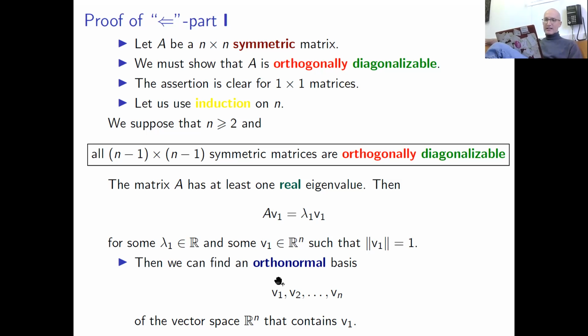In the language of matrices, we just want to form a matrix out of these vectors, and replace A by M inverse AM, where M is a matrix with columns consisting of these vectors. If we just get lucky, and all of v2, v3 up to vn are eigenvectors of matrix A, then we should get a diagonal matrix. But in general, we would not get it, but we get something close to it.